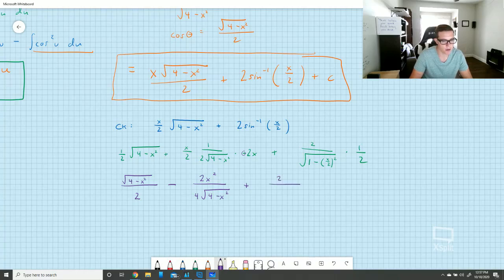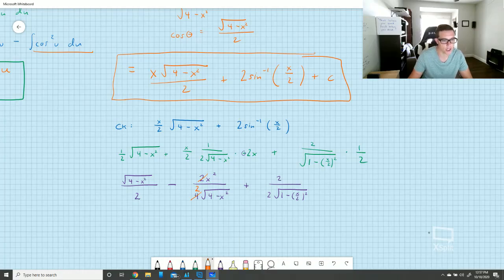I'm going to keep the 2 up top. I'm going to keep the 2 on the bottom. If I can get common denominators, I can combine all these together. So I am going to cancel these ones. So we're left with just a 2 here.